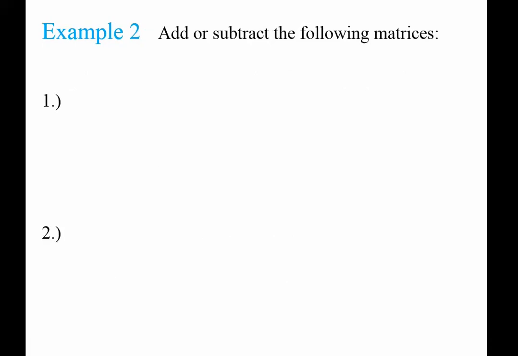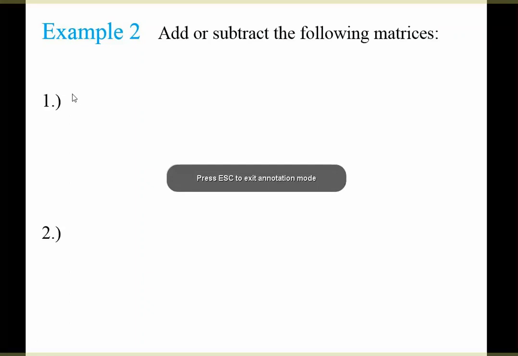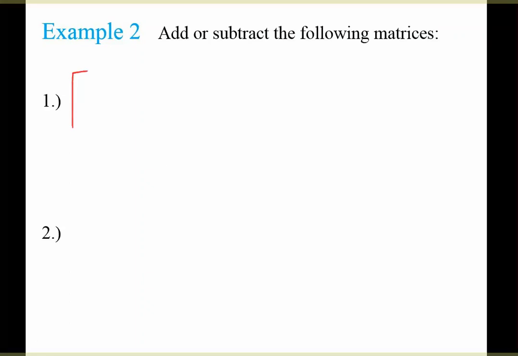These I'm going to have you copy down with me. They're a little bit more involved. So you can copy along with me, and they will be able to be added or subtracted. So I'll go ahead and tell you that. All right, number 1. Number 1, we're going to have a 3 by 3 matrix. So you can go ahead and start copying this.